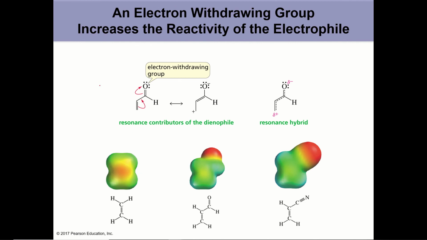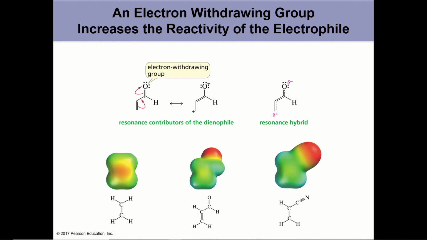Okay, so an electron withdrawing group is a group that can accept a lone pair or a pair of electrons. An electron withdrawing group is a group where resonance allows us to move electrons onto an atom.